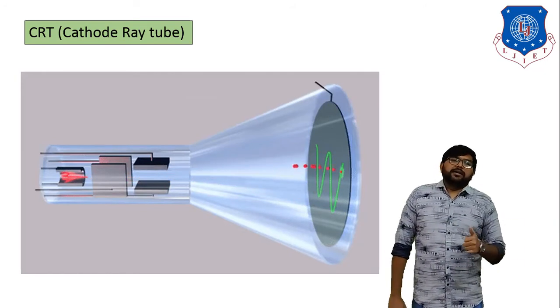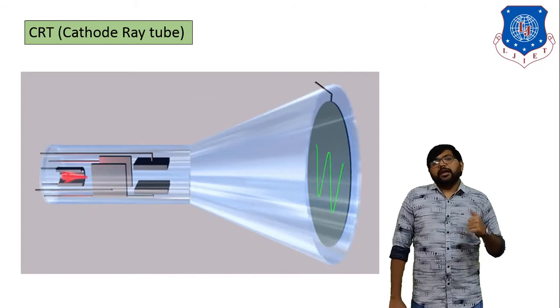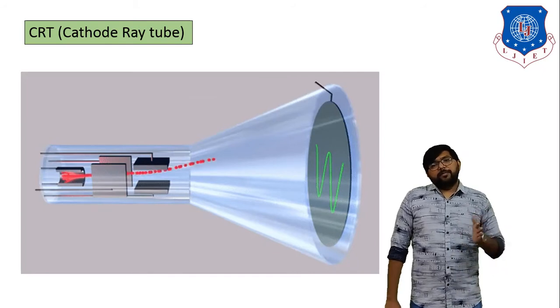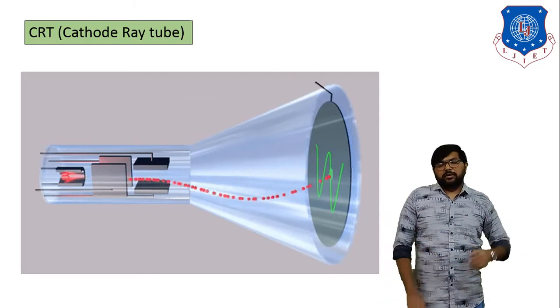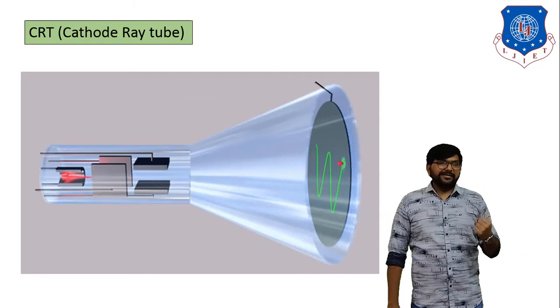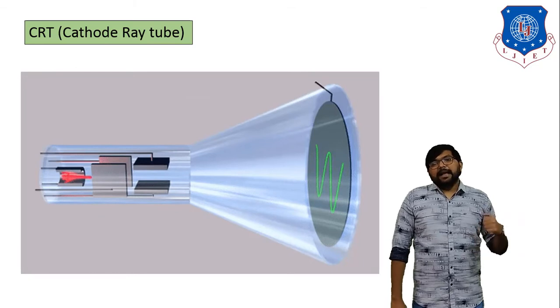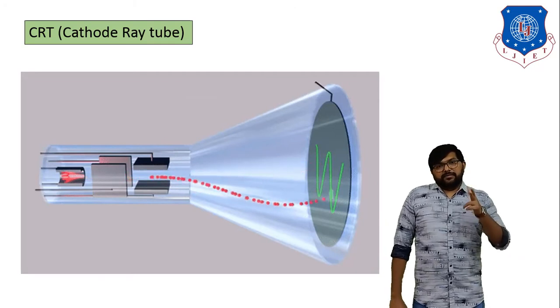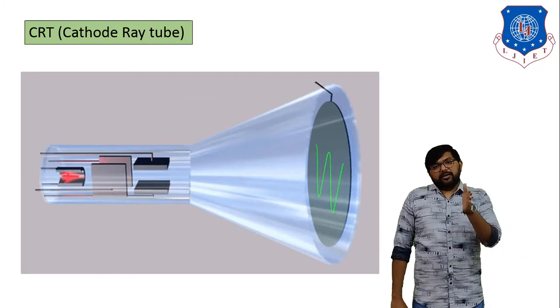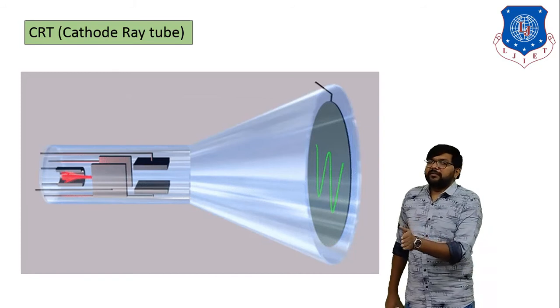And third, that is CRT, cathode ray tube, one type of graphic display device. Later on we discuss a few more graphic display devices like LCD, liquid crystal display, and LED, light emitting diode. Later on we discuss some more graphic display devices.